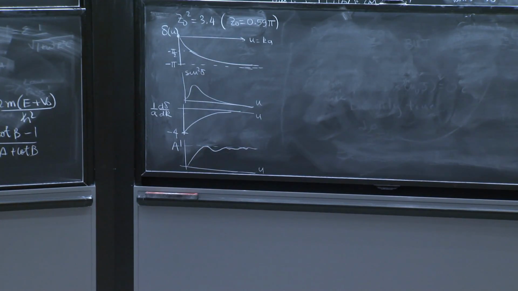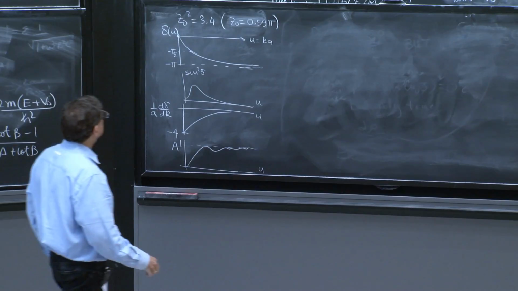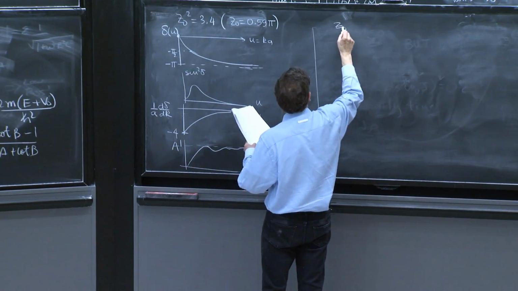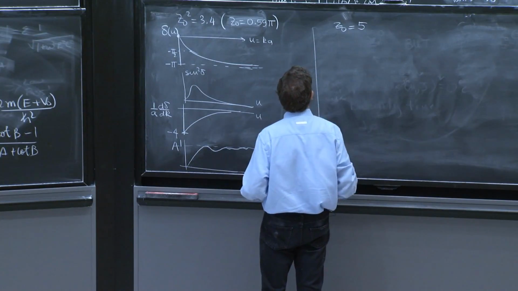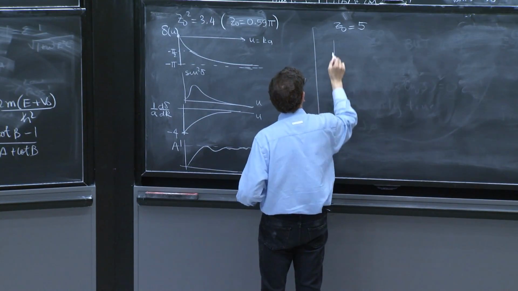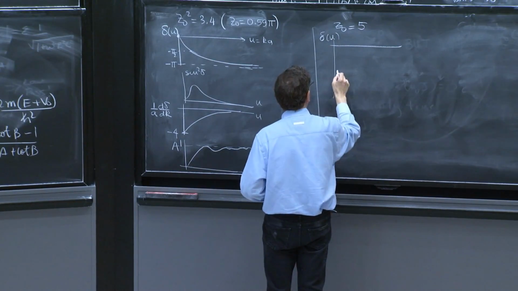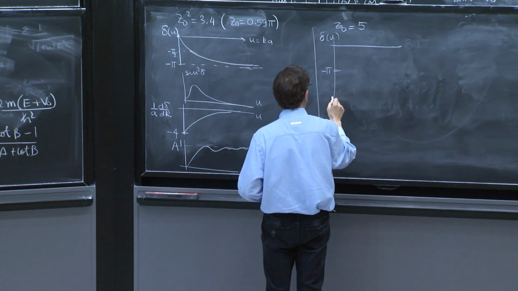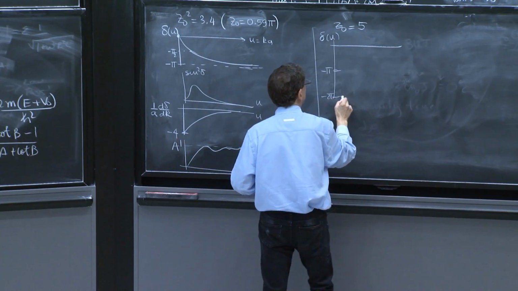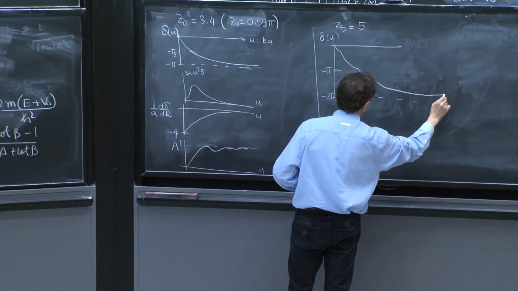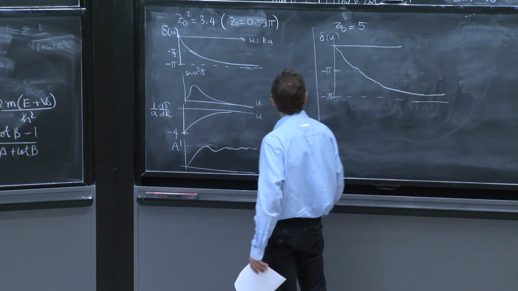So far, so good. We got some information, and then you do a little experiment and try, for example, Z0 equals 5. And you have delta as a function of u, and here is minus pi, minus 2 pi, and actually you find that it just goes down and approaches now minus 2 pi.